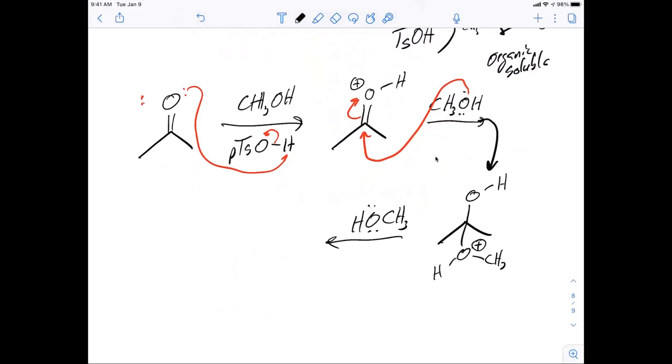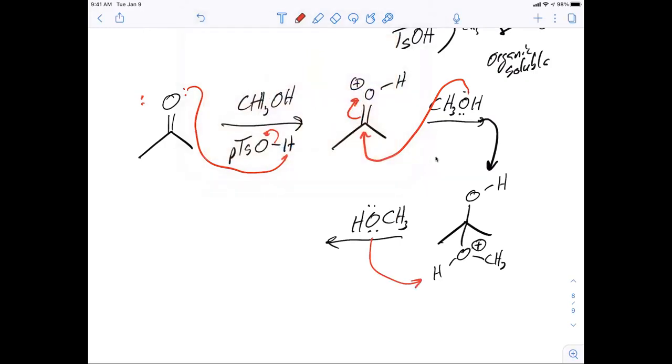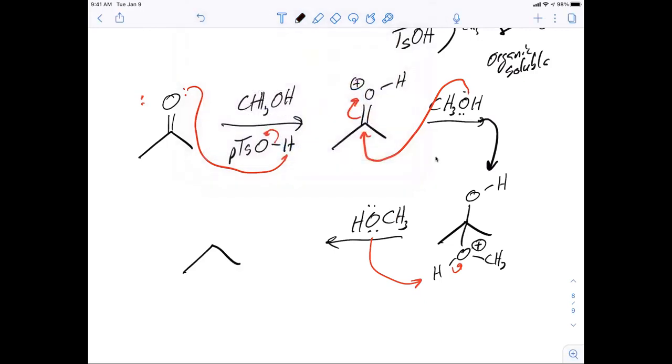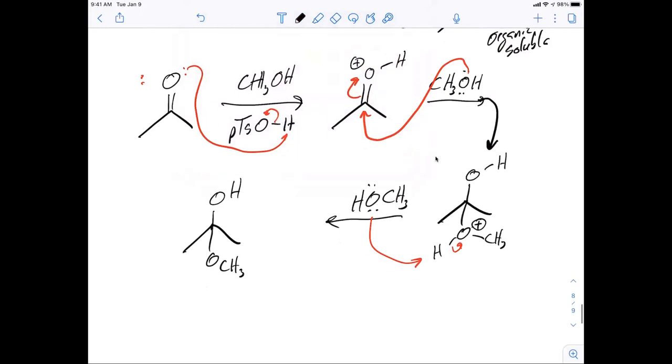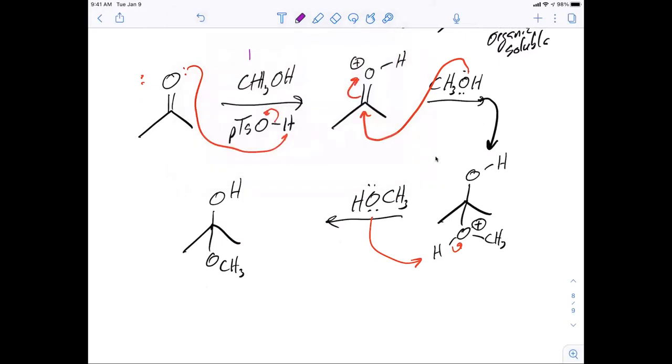Right, so now we end up with this species, right? We're going to do a proton transfer. So here we did a proton transfer.